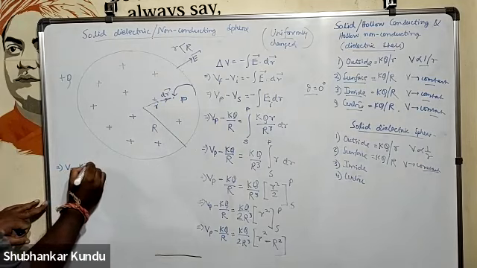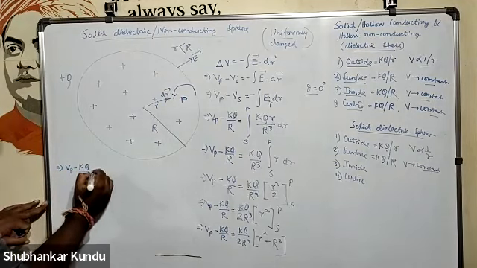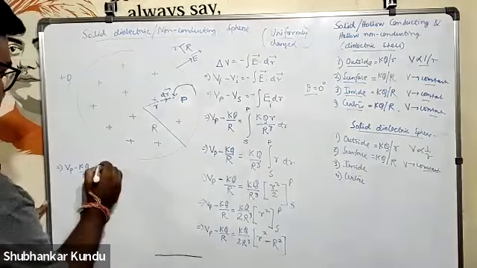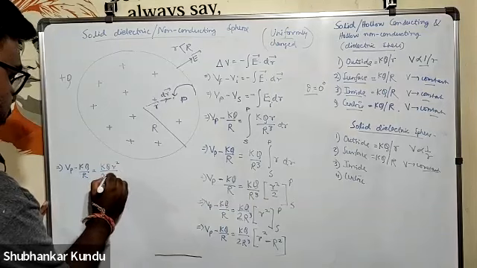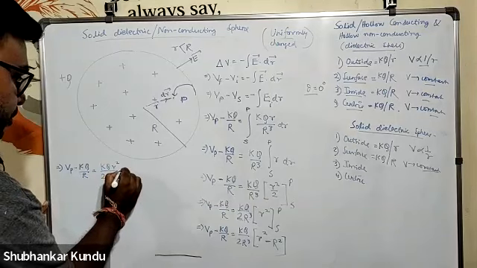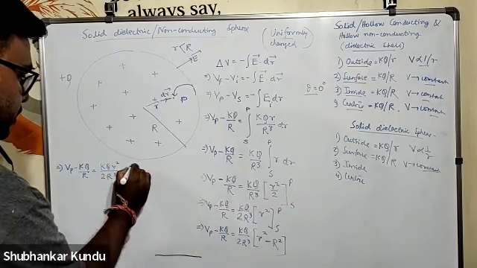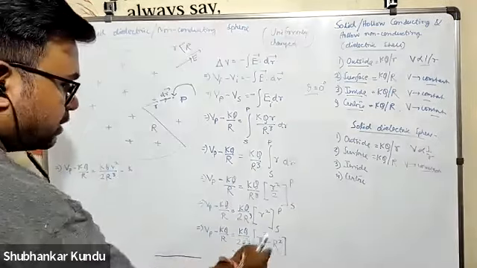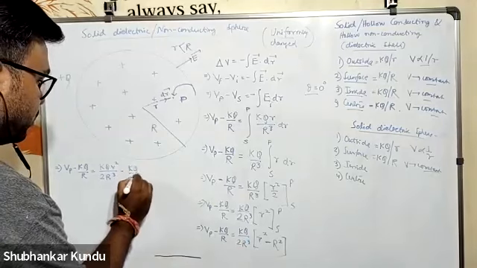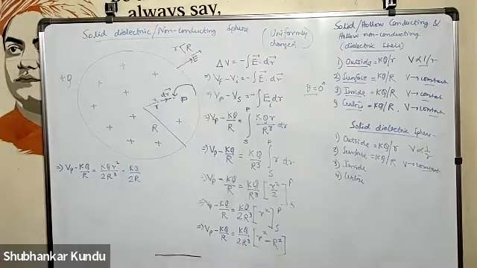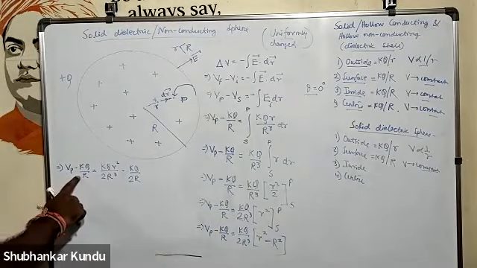Vp minus KQ upon R is equal to, just multiply. It will be KQ r square by 2R cube minus, multiplying this one by R square, R square will eat one R, KQ upon 2R. Now bring this minus KQ upon R to the other side.